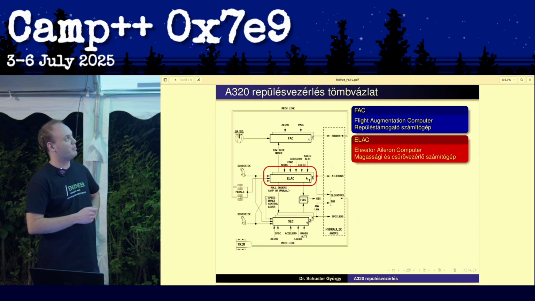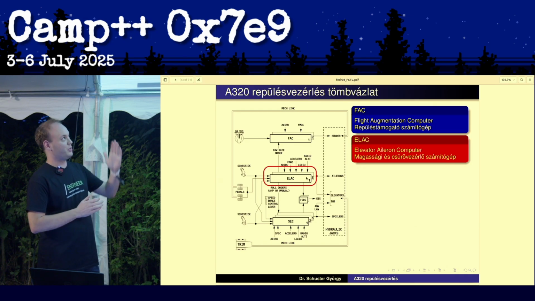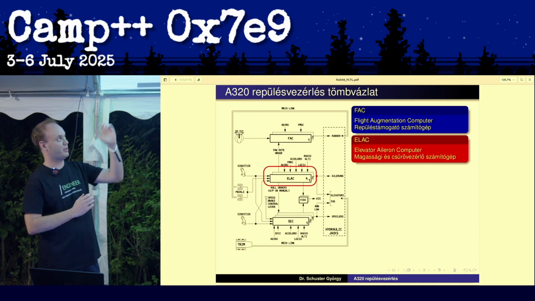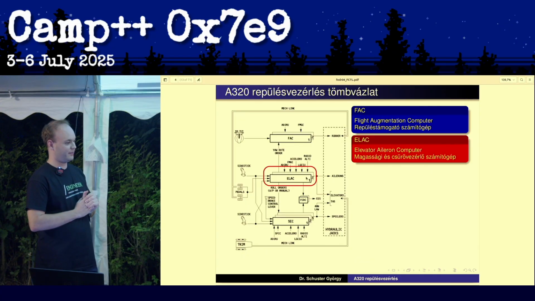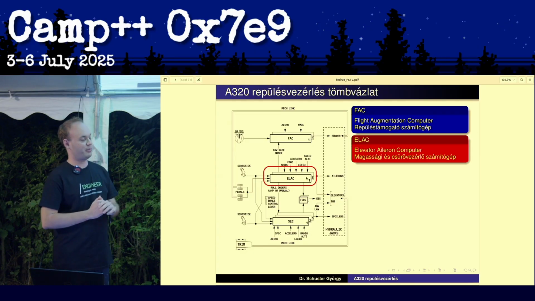I also want to go back to the basics of safety critical systems. If you have two of these computers in parallel, how do you produce one output from each of their outputs?